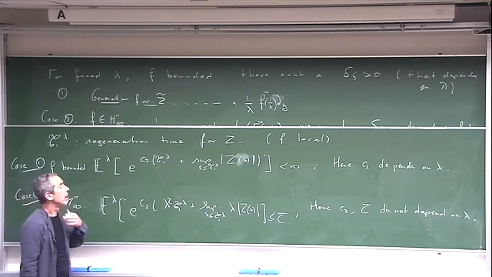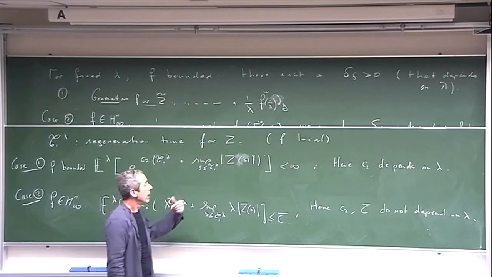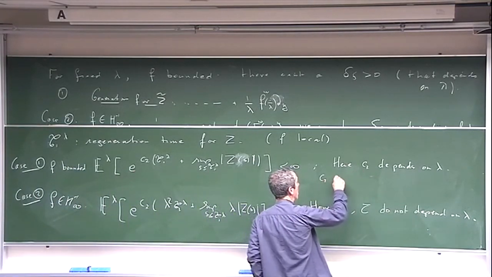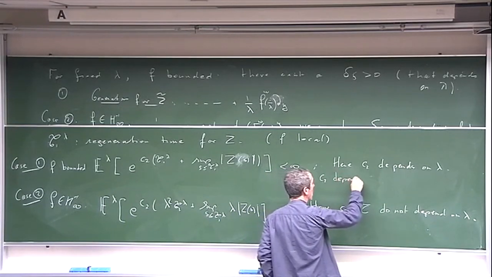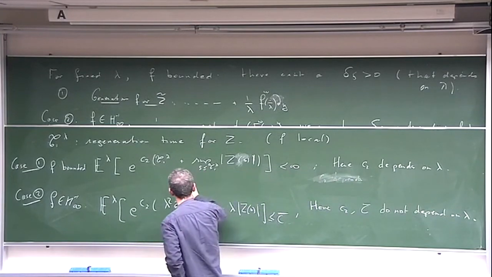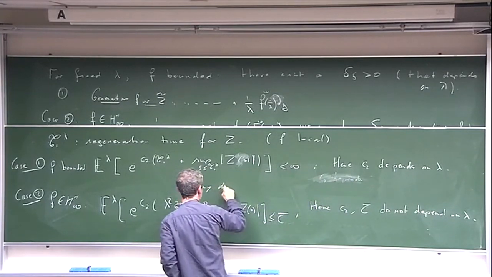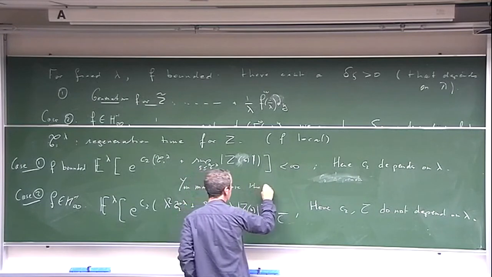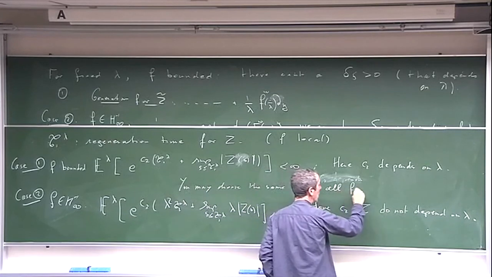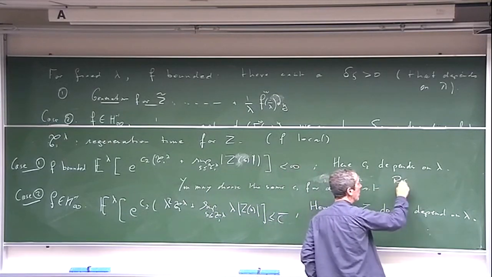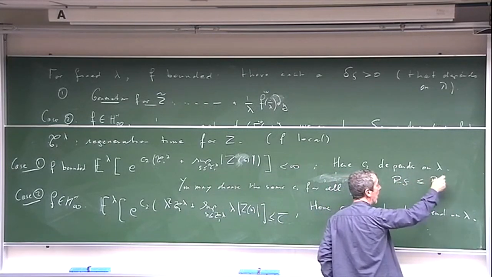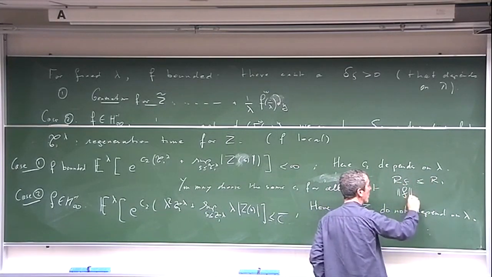And in fact, in the first case, C2, you may choose the same C2 for all F such that the range of locality of F is less than some R1, and you have some control on the L infinity norm.